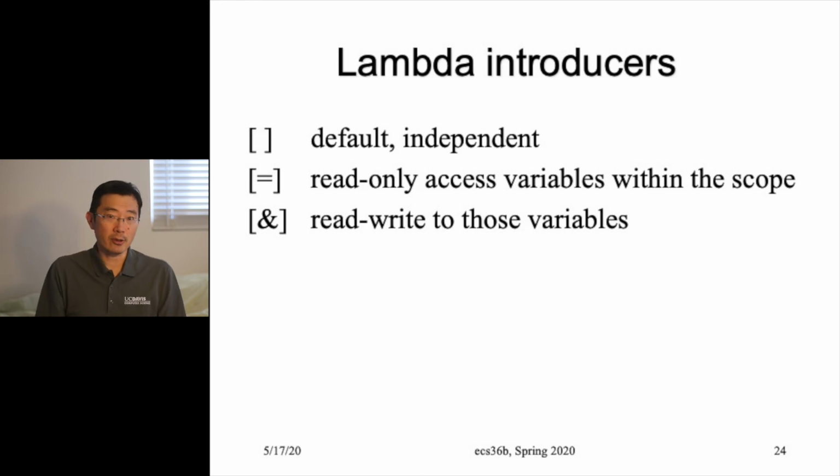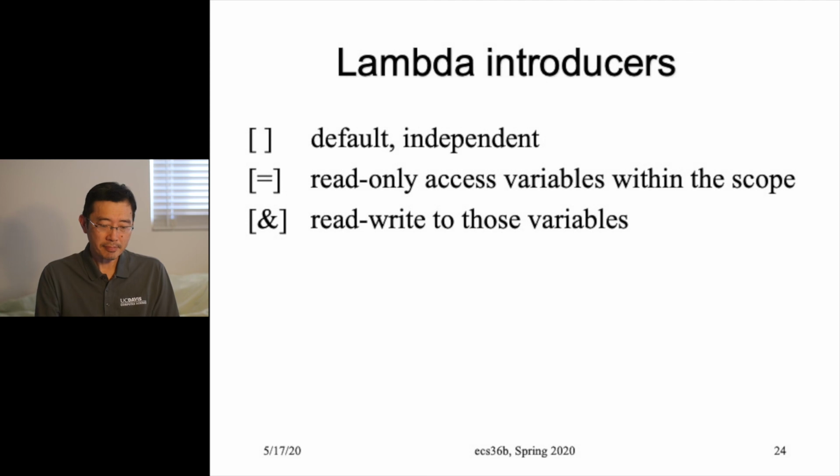The most dangerous option is putting the ampersand sign. The ampersand sign basically says your lambda expression can not only read but also write and modify the value. It's like call by reference, essentially. So these are different options, and you should really figure out when to use which. Most people using lambda, especially with templates, are only looking at the first option.